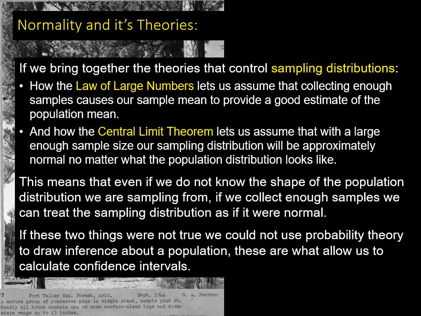Together, these theorems mean that even if we do not know the shape of our population distribution we are sampling from, we can draw inference about a population if we take enough samples to assume we are approximating the population mean and that the sampling distribution is normal in its shape.